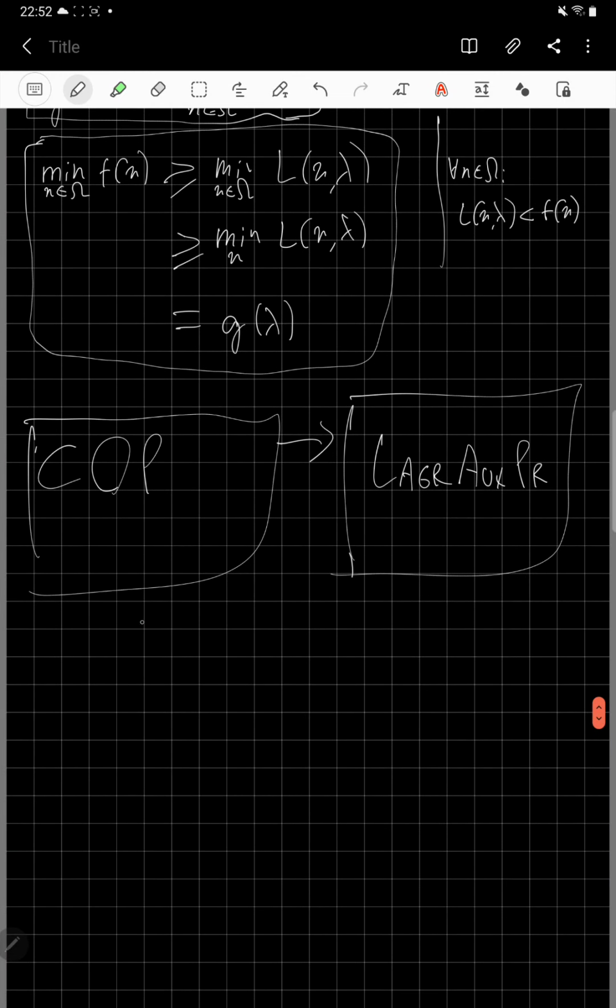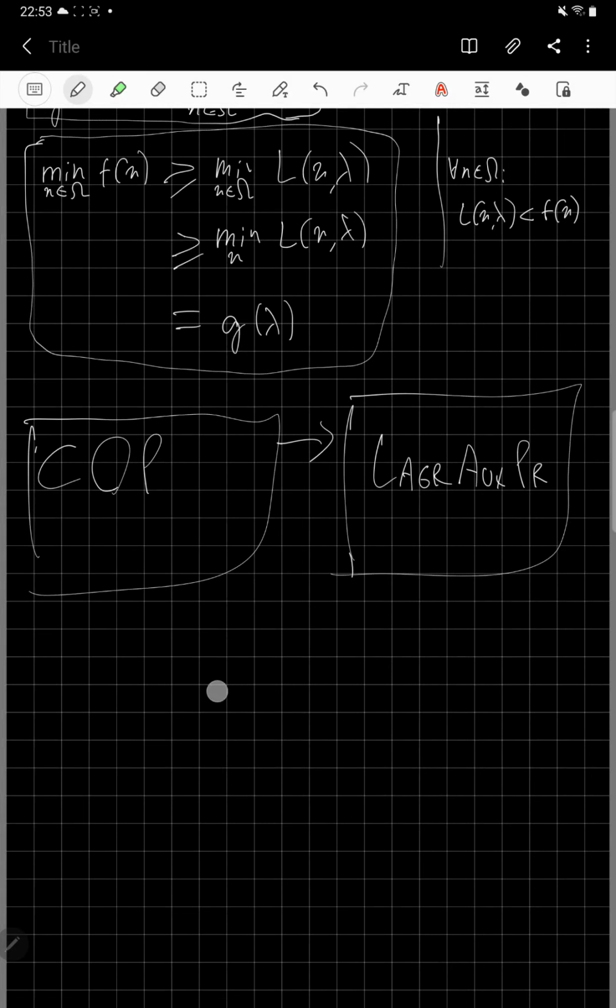Why? Because, for example, we're trying to find the minimum. Maybe the minimum of the original problem is here. And we're finding lower bounds, for example, here. Well, possibly, if we find the highest lower bound, then we would find the solution itself.